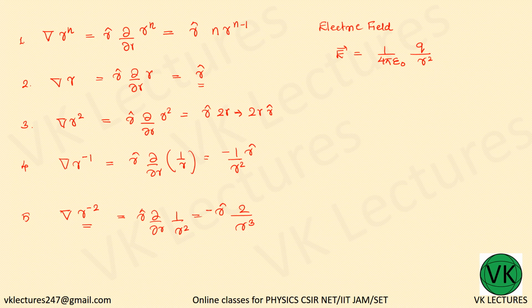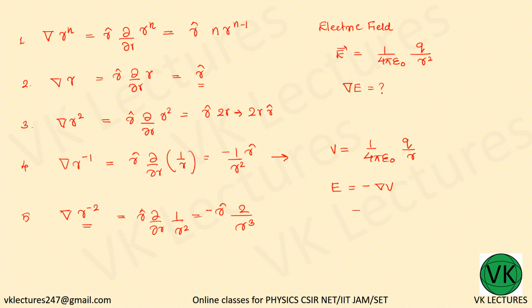So we need the gradient of this electric field, or rather it is related to the potential V is equal to 1 by 4 pi epsilon naught Q divided by R, the electric potential. So E is equal to minus del V.